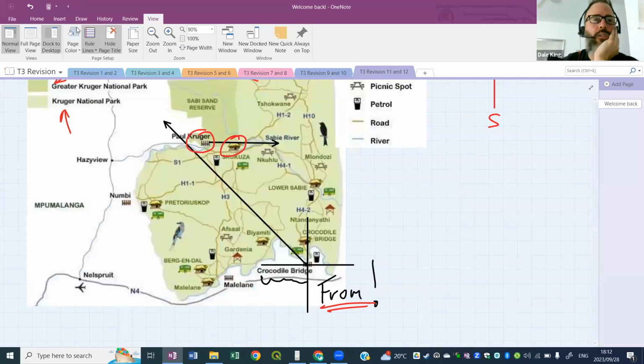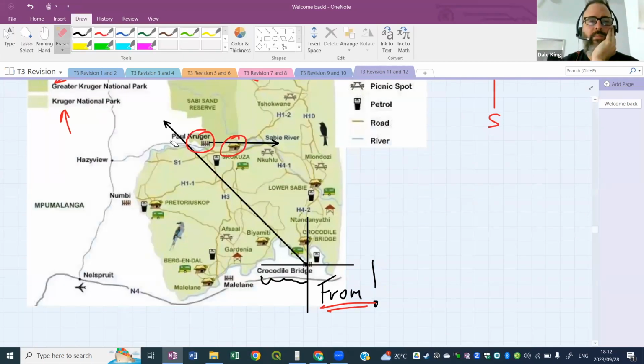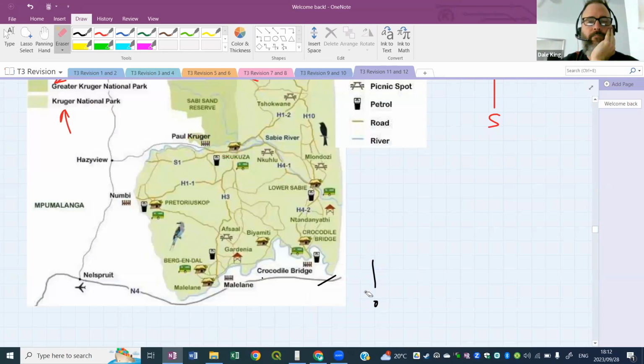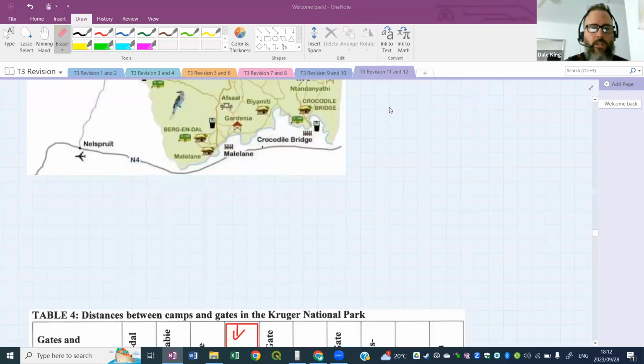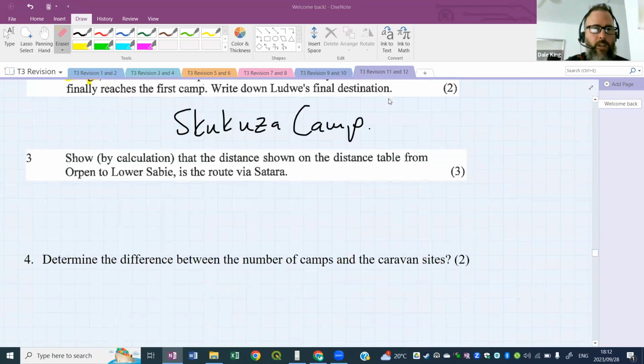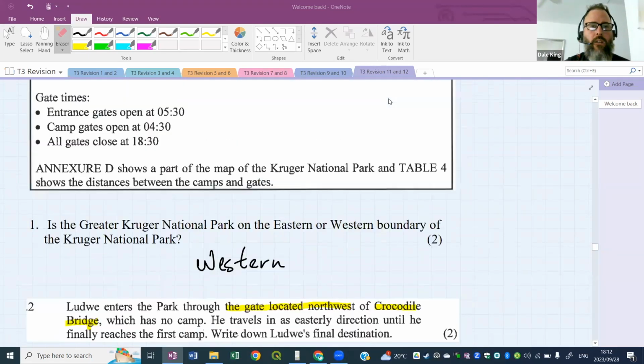No scale. Let's read the question again. Show by calculation the distance shown on the distance table from Alpen to Lower Sabi is the route via Satara.